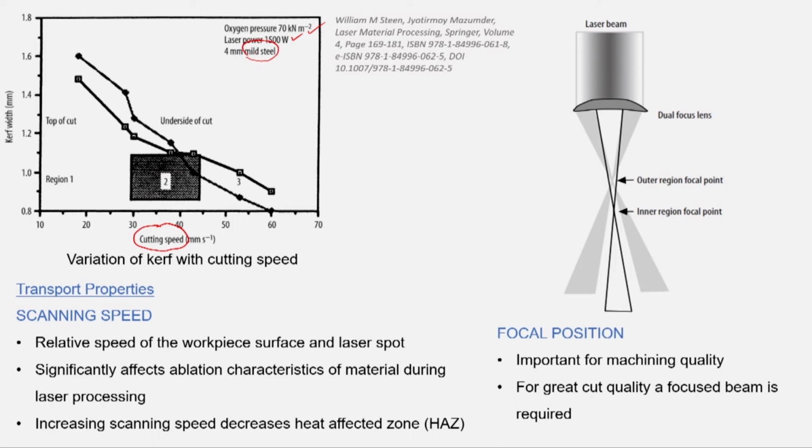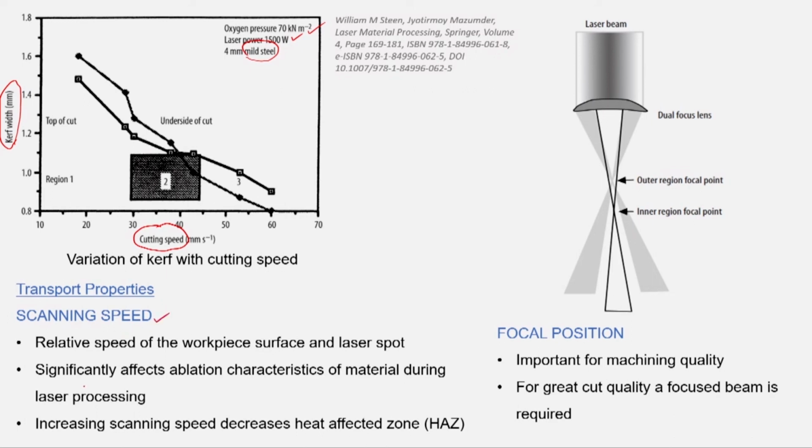When we increase the cutting speed, we get a reduction in the kerf width. When we increase the cutting speed, the interaction time is reduced. So, there is lesser heat conduction and we get a lower kerf width when we increase the cutting speed by reducing the interaction time.